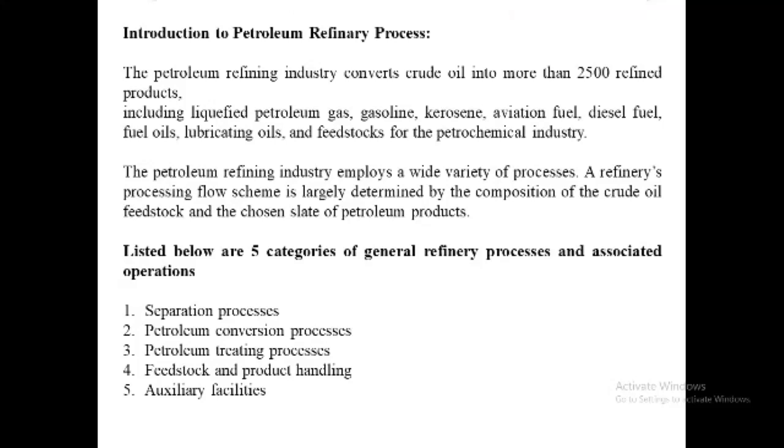The petroleum refinery industry converts crude oil into more than 2,500 refined products, including liquefied petroleum gas, gasoline, kerosene, aviation fuel, diesel fuel, fuel oils, and lubricating oils, and feedstock for the petrochemical industry.